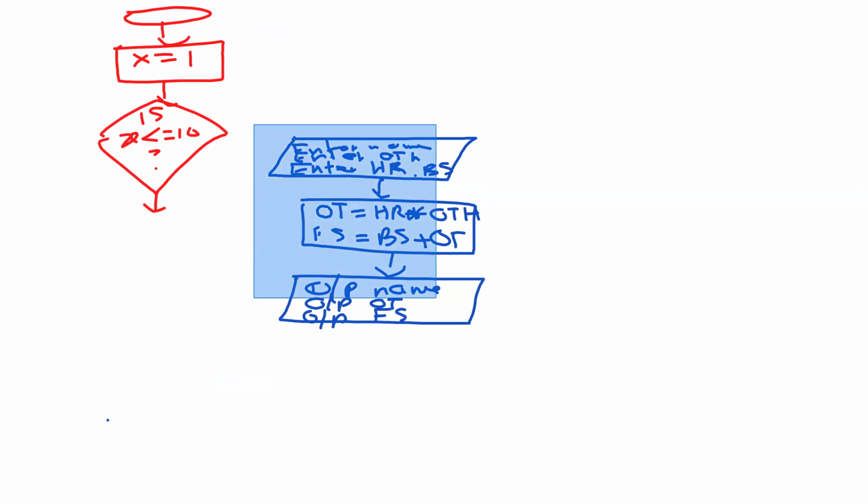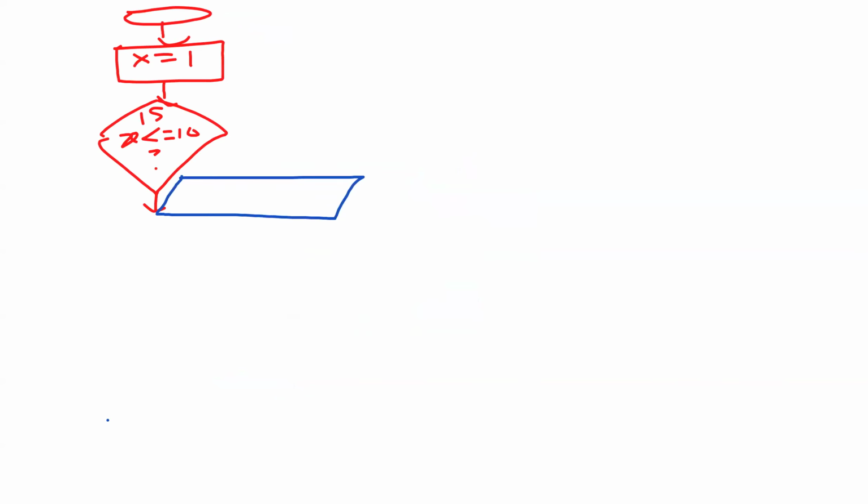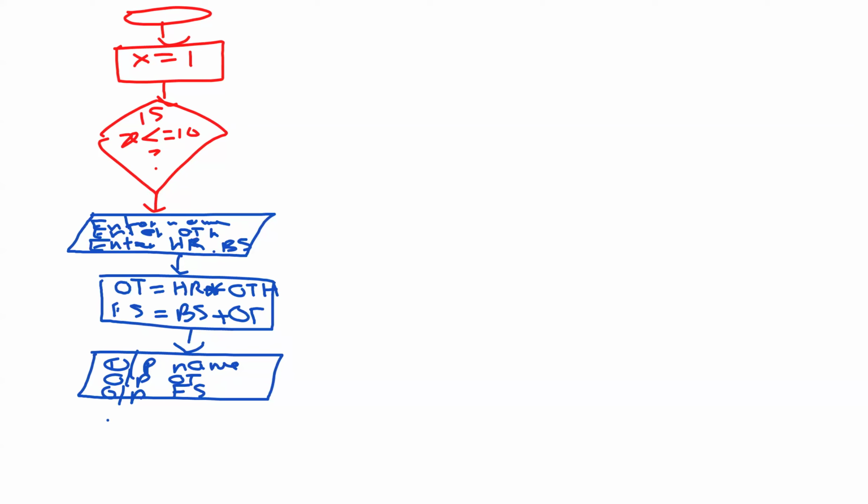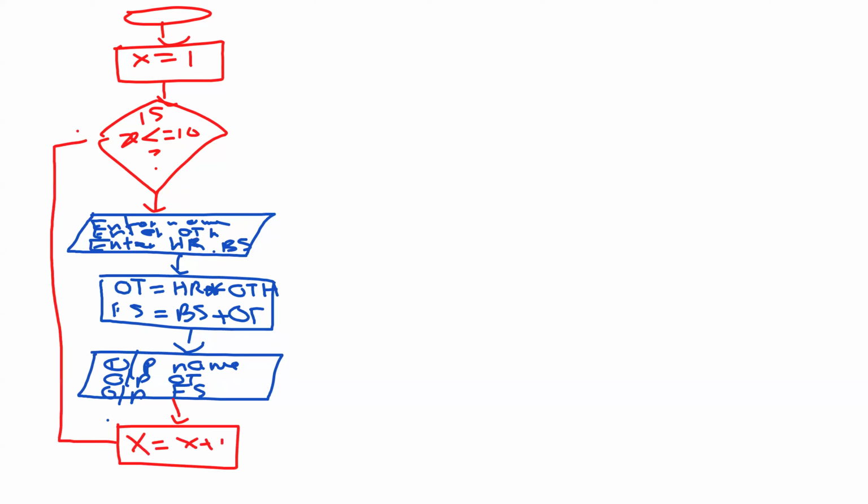Which execution? This execution. And then you say x equals x plus 1 and go up. When it becomes no, you go down. Clear?